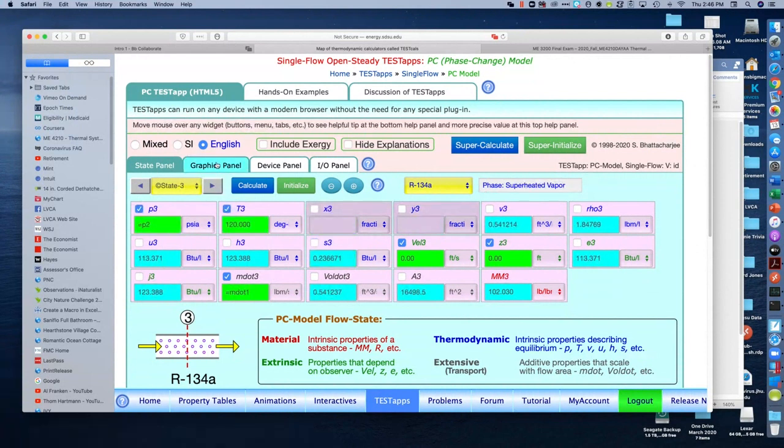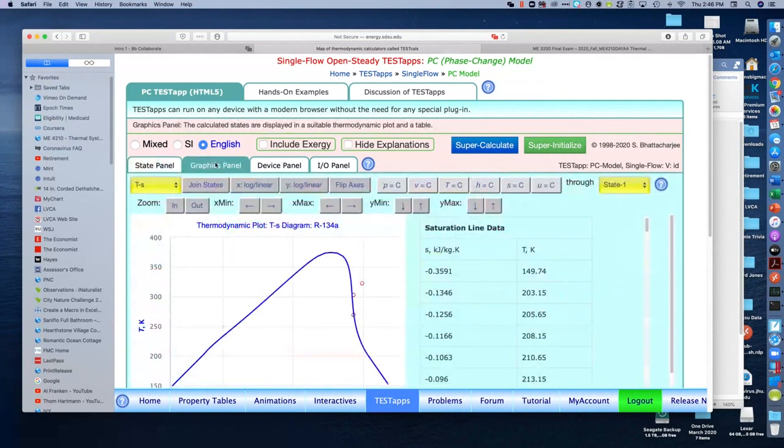If we wanted to see what those three states look like on the graphics panel, straight up from 1 to 2 we see is the isentropic process, and then the actual compression would be from 1 to 3. If I add a constant pressure line, you can see that it would go through from 2 to 3.